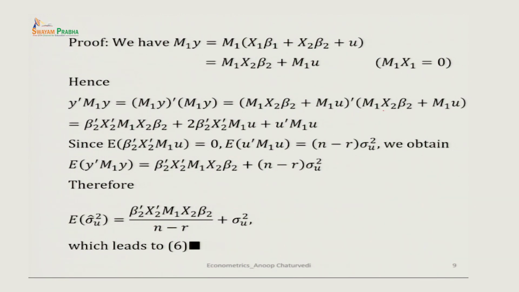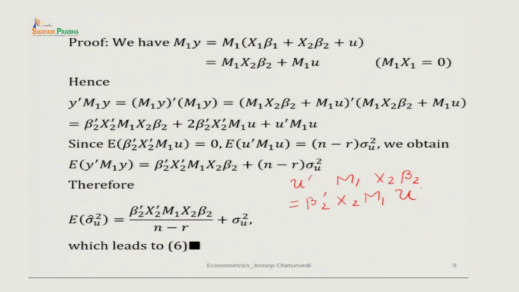The cross product term is u transpose m 1 transpose, which is equal to m 1, then m 1 x 2 beta 2, and you also get beta 2 transpose x 2 transpose m 1 square, equal to m 1, and u, and these two are equal.